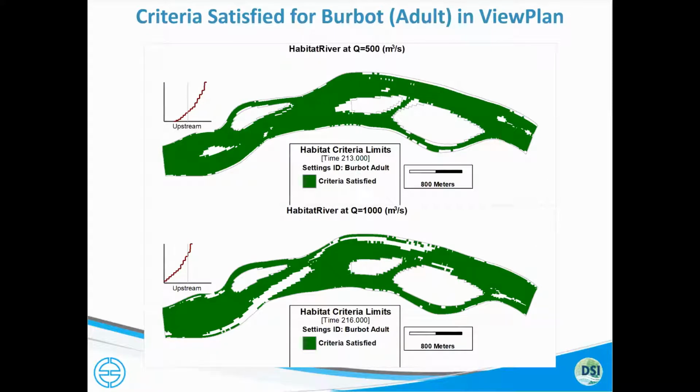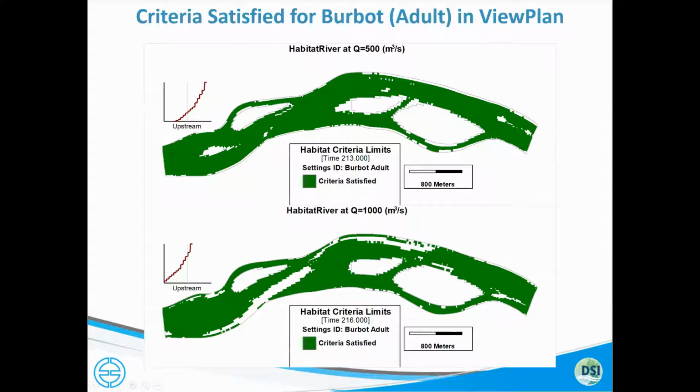And then again, likewise with the habitat suitability criteria, you can also view the habitat criteria limits by 2D plan view. And again, this is just a binary 0 or 1, an on-off kind of approach.